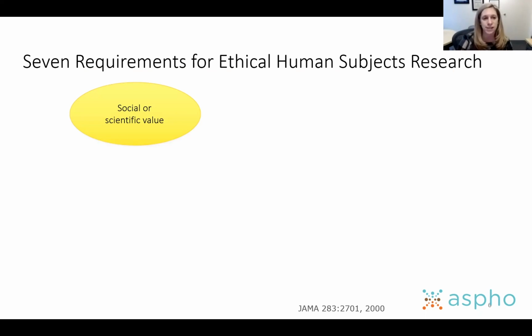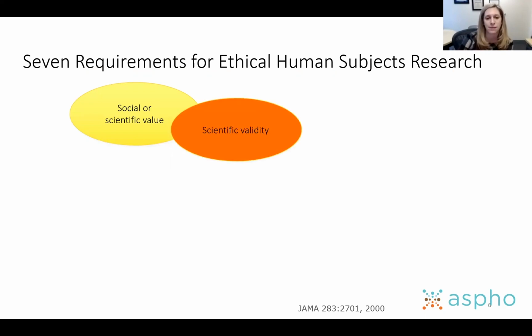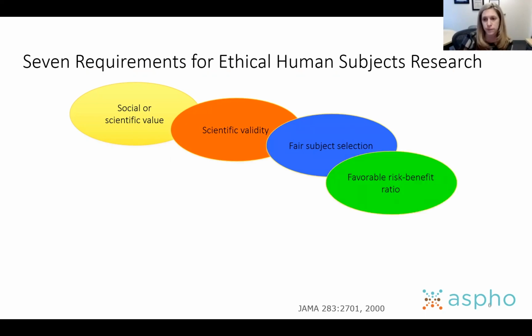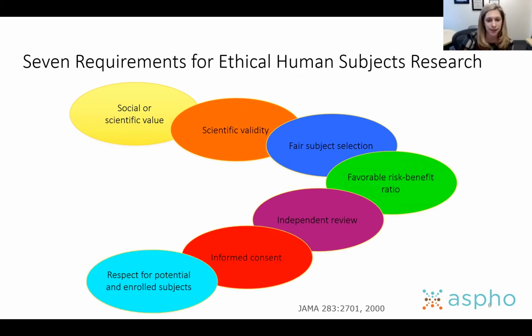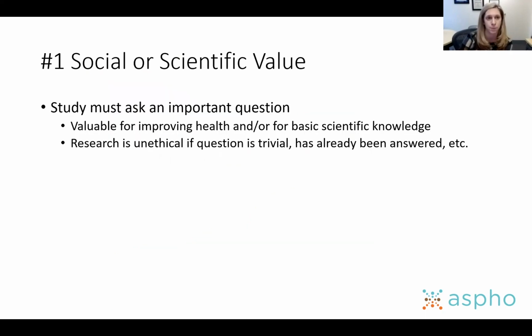So the first is that the research have social or scientific value, that it have scientific validity, fair subject selection, a favorable risk-benefit ratio, independent review, which refers to the process we know of as our IRB, informed consent, and respect for potential and enrolled subjects. So these are the key requirements for ethical human subjects research, and I'm going to delve into each one of them in a little bit more depth now.